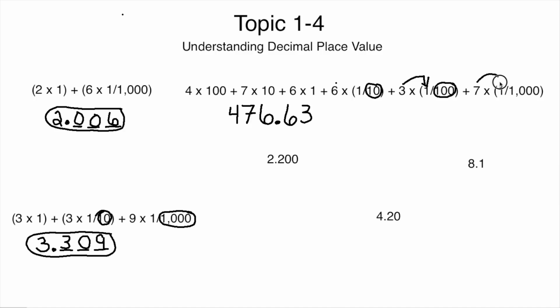And then 7 times 1 is 7, and it goes in the thousandths place. So there's the thousandths place. So the answer is 476 and 637 thousandths. Circle your answer.